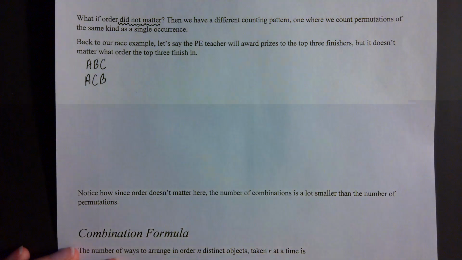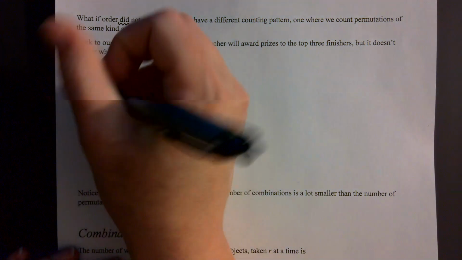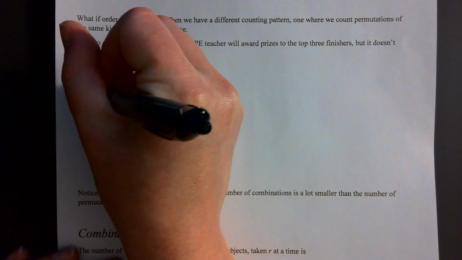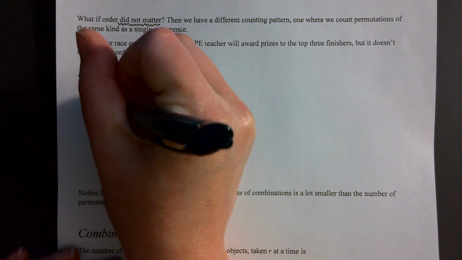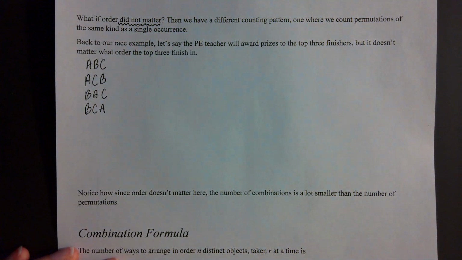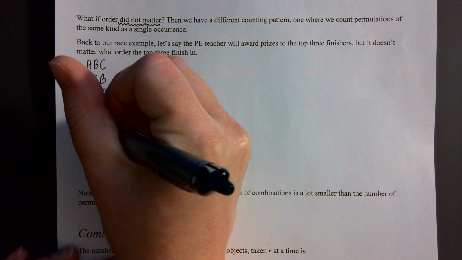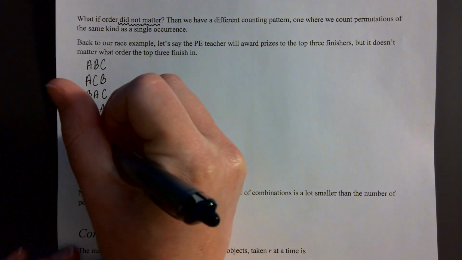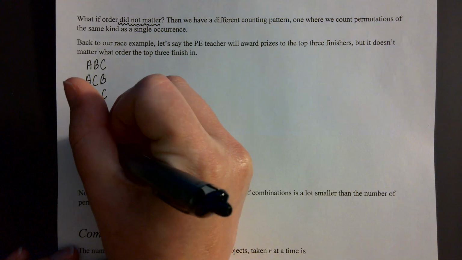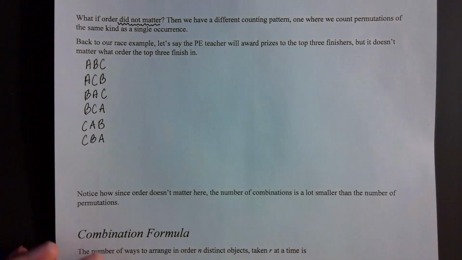Then let's say Bree came in first, and then we had Anson, and then Caden, and then we had Bree, Caden, and then Anson came in third. What if Caden came in first, and then we had Anson, and then Bree? Or what if Caden came in first, and then we had Bree, and then Anson?